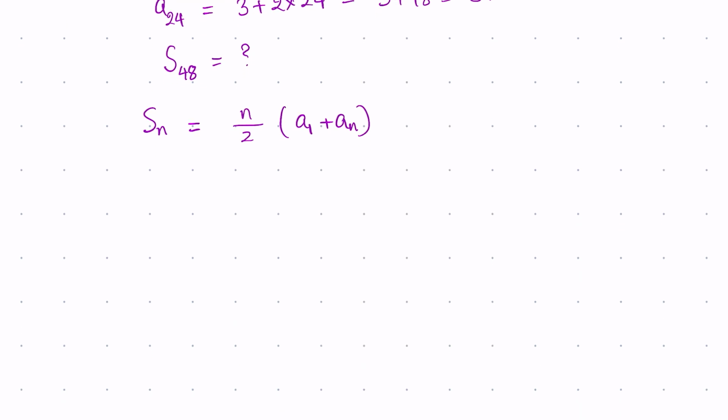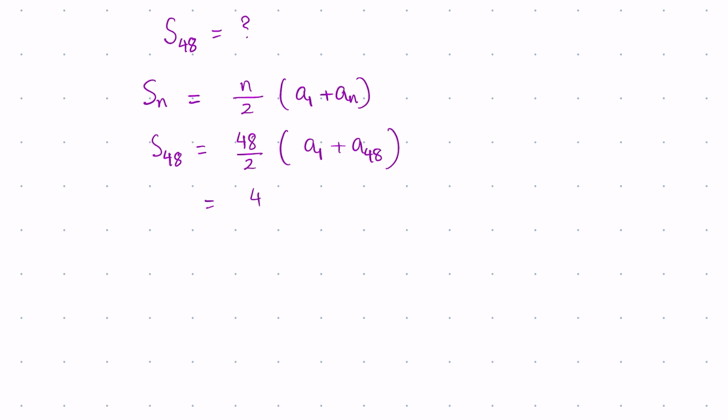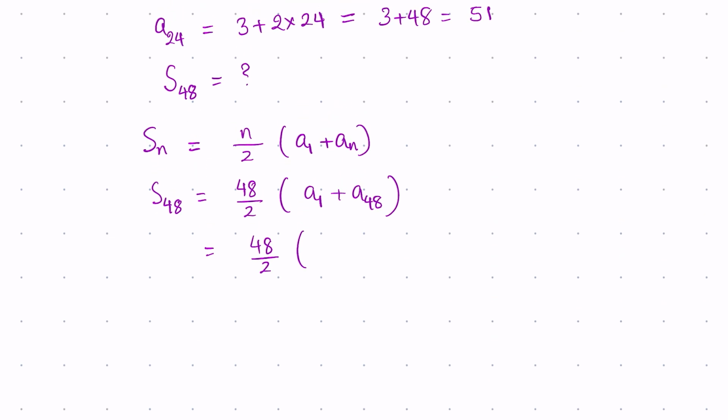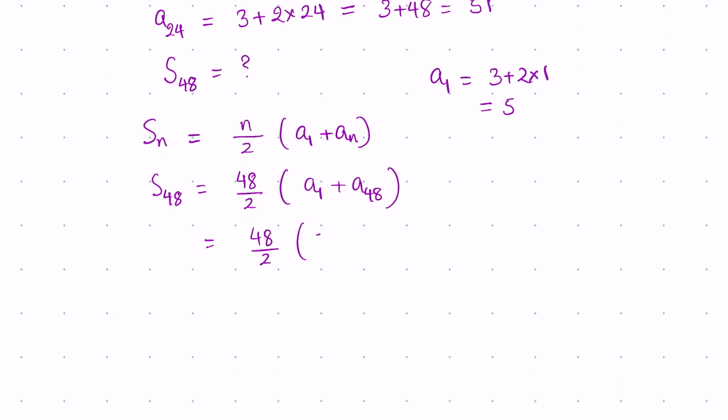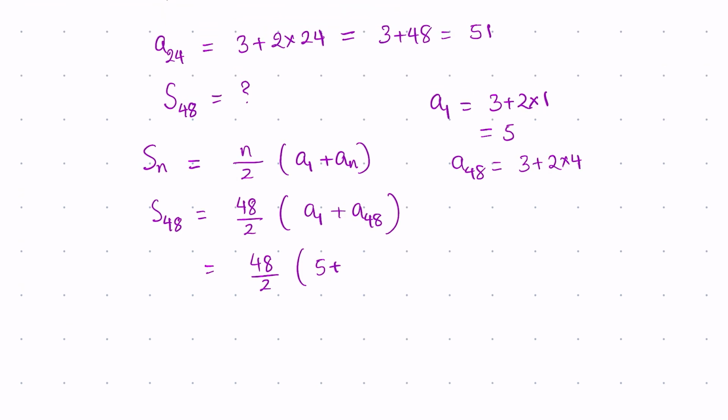So in this case, S48 will just be 48 by 2 times a1 plus a48. Okay, so what is a1? We can just substitute here. So a1 is equal to 3 plus 2 times 1, which is equal to 5. So we have 5 plus what is a48? That's nothing but 3 plus 2 times 48, right? That gives us 3 plus 96.